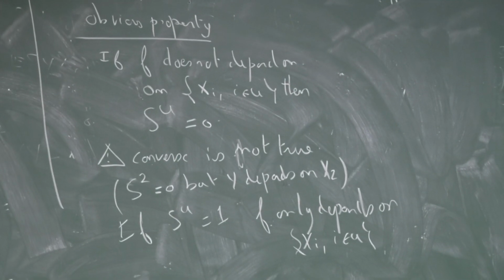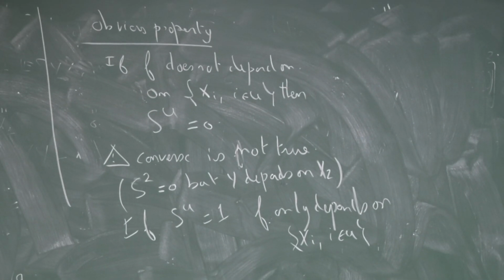And the other obvious property is that if S_U equals 1, it means that your code only depends on the variables you put in U.